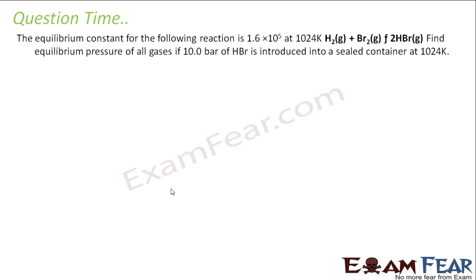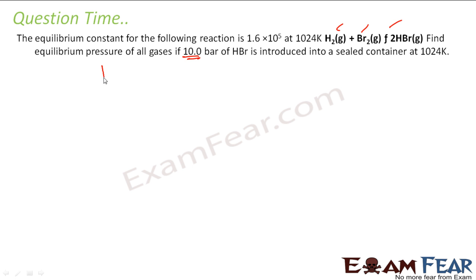The equilibrium constant for the following reaction is 1.6 into 10 to the power 5 at 1024 Kelvin. The reaction is hydrogen plus bromine gives 2 HBr. We have to find the equilibrium pressure of all gases if 10 bar of HBr is introduced in a sealed container at 1024 Kelvin.